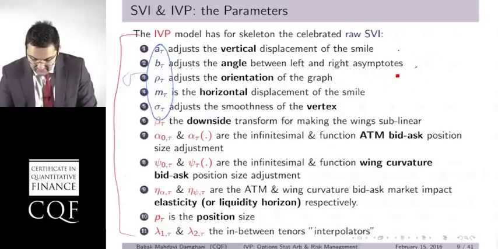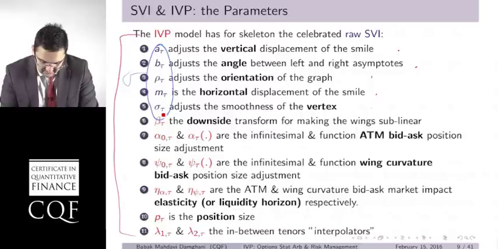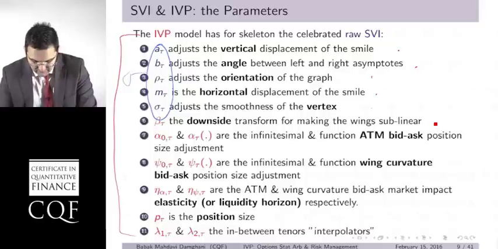The rho parameter is usually called the skew, but sometimes also the orientation of the graph. m is the horizontal displacement, and sigma is the smoothness of the vertex, so it's different from the implied vol itself. It's a bit of an unfortunate choice of parameter. Nevertheless, since this was the naming that Gatheral used for the SVI, we kept it for the IVP. Here you have the downside transform.